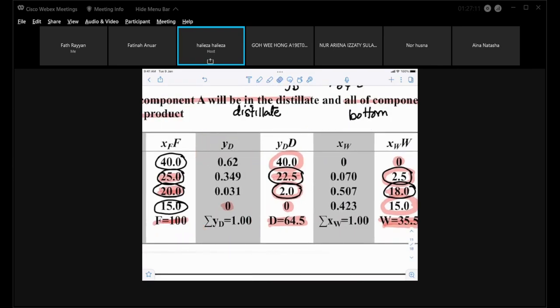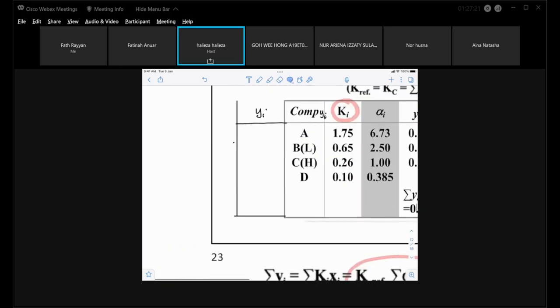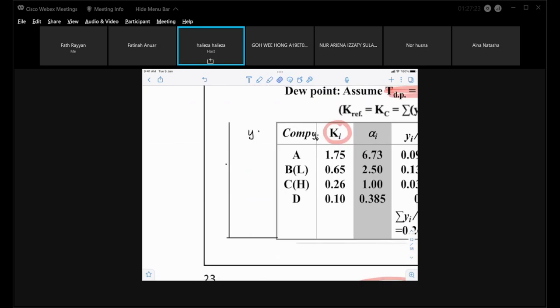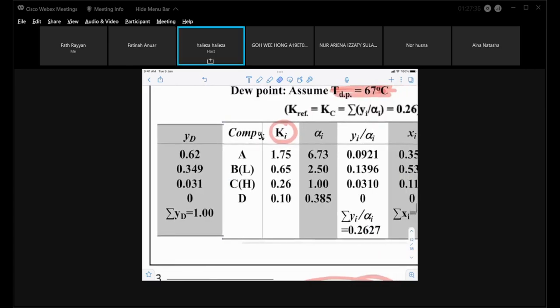This is the distillate. I should not bother to write it because I have that facility. I just paste it. Okay, there you go. That is my distillate composition.